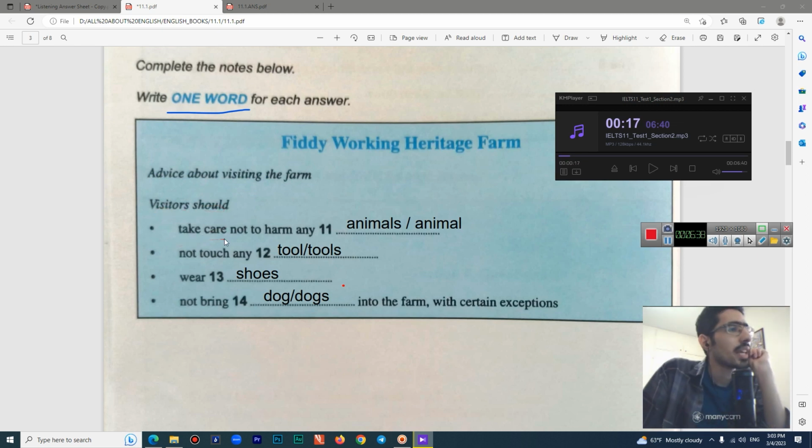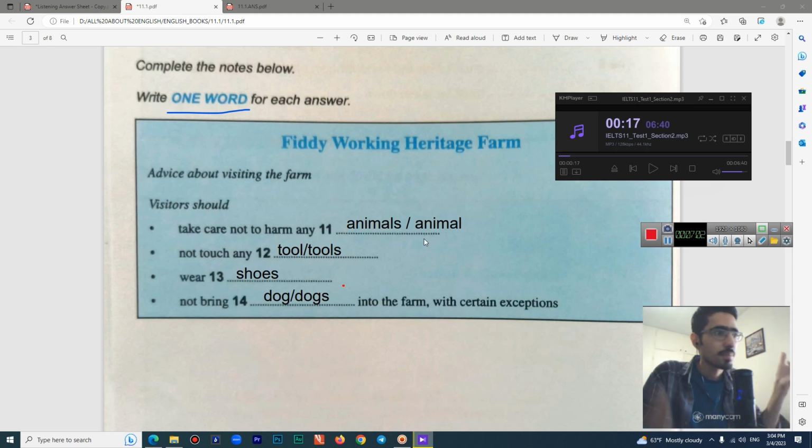Visitors should take care of something and not harm any something. So visitors should take care or should be careful not to harm any, I don't know, crops, flowers, dogs, something like this.